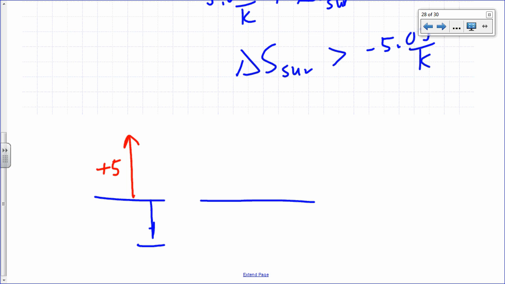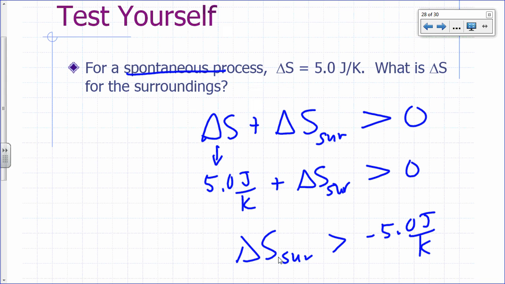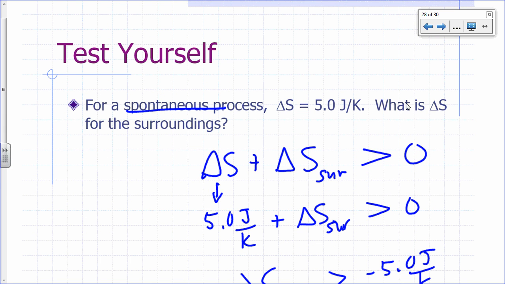So if it drops more than 5, then the process will not be spontaneous. Delta S surroundings cannot be less than negative 5. So it can't be negative 6, but it can be negative 4, it can be 0, it can be positive, as long as delta S plus delta S surroundings is positive.